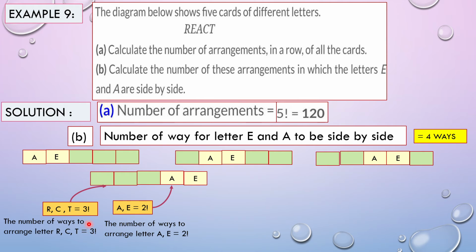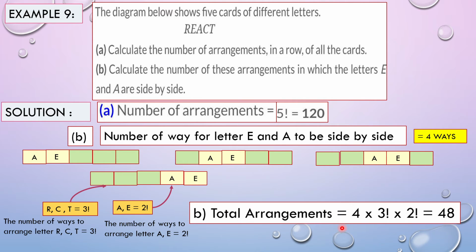Now we calculate the total arrangement. Therefore it is 4, because that is the number of ways to arrange the letters A and E to be side by side. So 4 ways times 3 factorial, because we want to arrange the consonants R, C and T, and then times 2 factorial, that is for the letters A and E. Multiply everything and you will get the total arrangement.